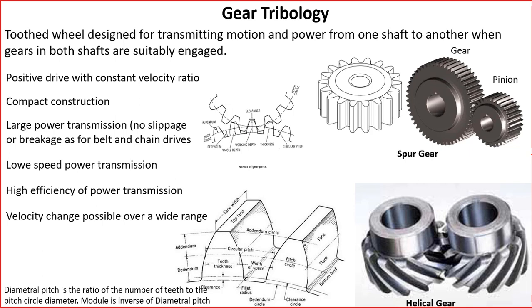So generally any kind of drive, like belt drive, chain drive or gear drives, is used for power transmission over a distance, right? For example, if the power is being produced here through the prime mover, like a motor, but we need this power at a different point here.